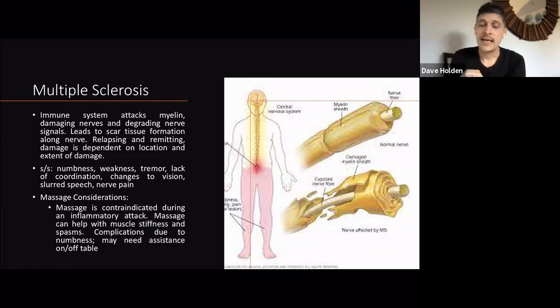This results in the development of these clusters of scar tissue, which are called sclera, along multiple points on the nerve fiber. Hence the name of the condition, multiple sclerosis, a condition of having multiple sclera, multiple deposits of scar tissue.